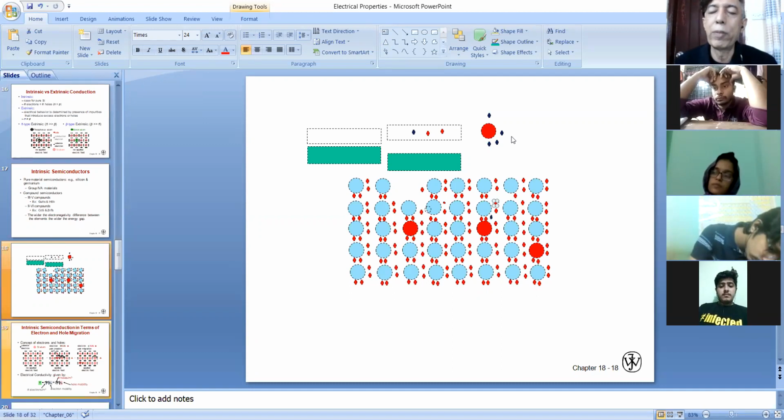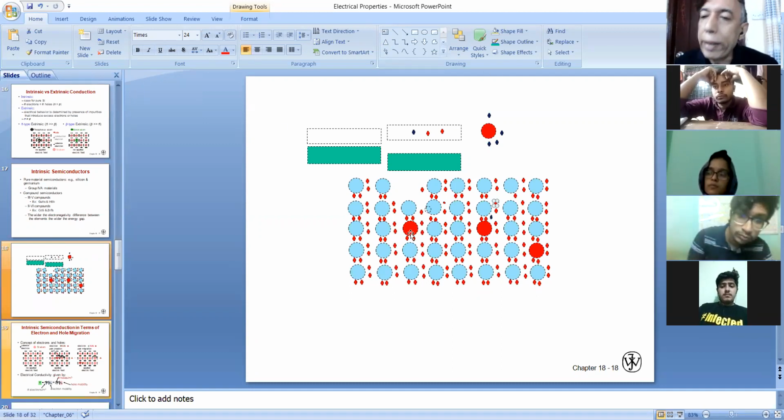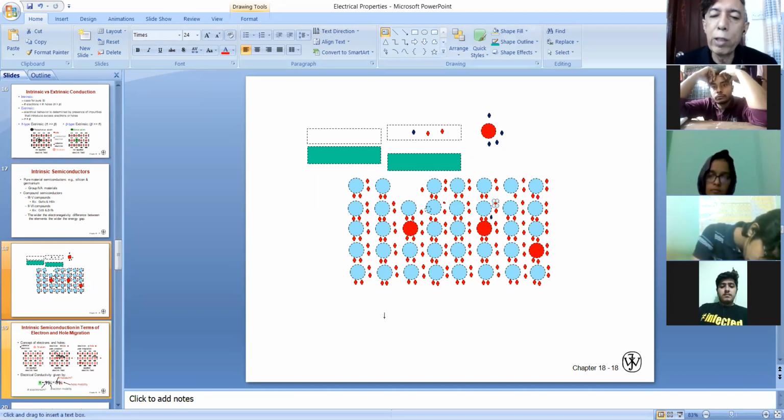Which type of semiconductor is it? It is N type of semiconductor. Why is it N type?